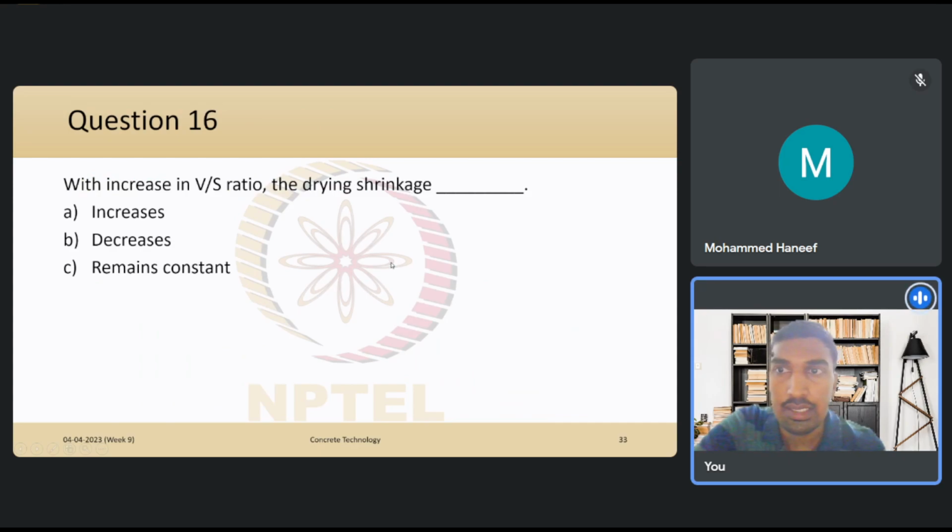Okay, question 16 is, with increase in the V by S, volume to surface area ratio, the drying shrinkage dash: increases, decreases, remains constant.